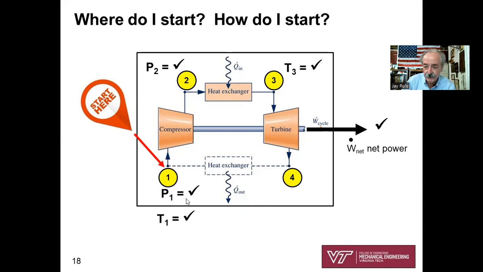P1 and T1 are given in the problem. Now, at state 3, we're given T3, but also we observe that P2 equals P3 for this heat exchanger process. So we could start there, but I don't recommend it. I recommend we start at the compressor inlet. Traditionally, that's where we start when we're analyzing gas turbine engines.